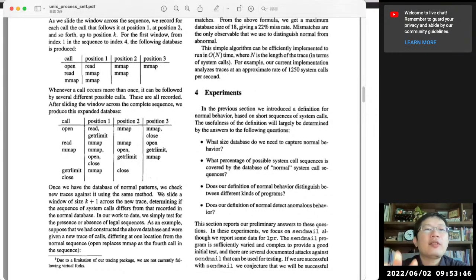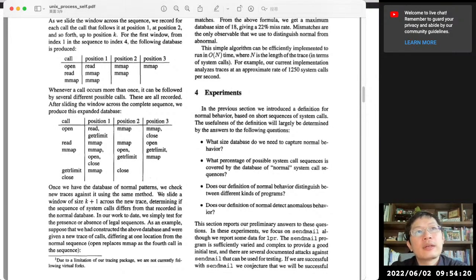There's an assumption that if a normal program has been hacked by hackers, those programs will issue certain system calls or system call sequences that have never been observed before.